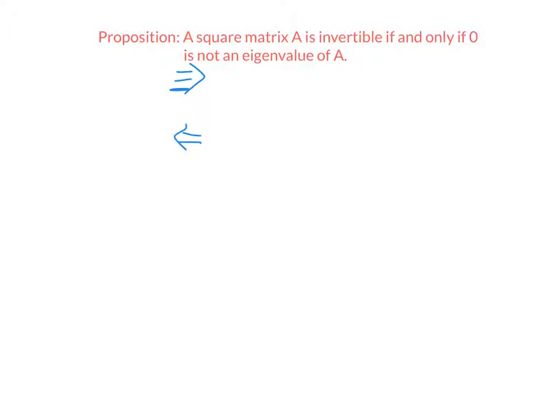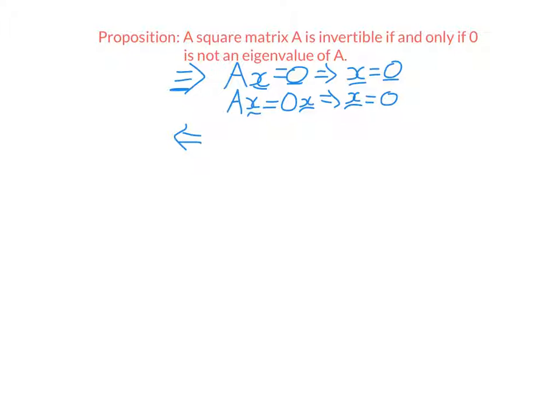If we can assume the statements on the previous slide, then if A is invertible, that means that Ax equals 0, where x and 0 are vectors, has only the trivial solution, that x is the 0 vector. So that would mean that Ax equals 0x, this time 0 is a scalar, implies the only possible solution is the 0 vector.